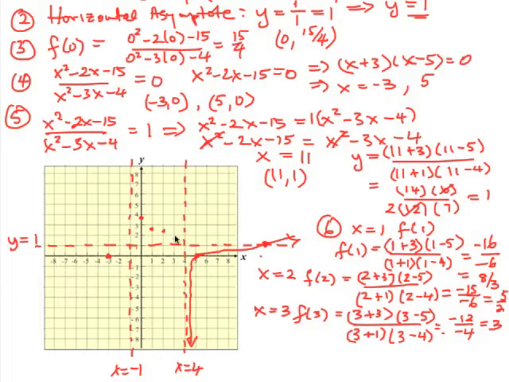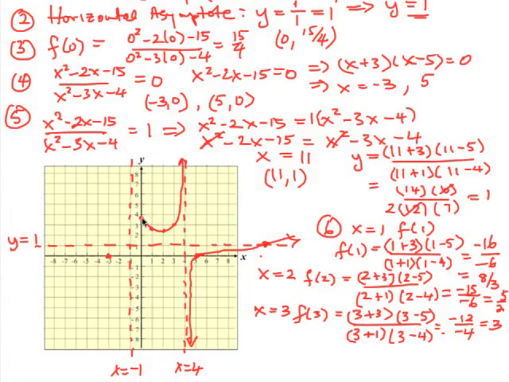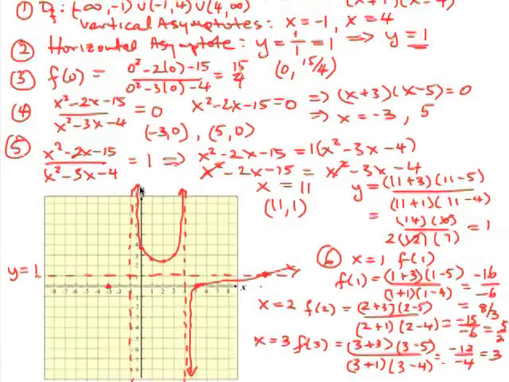So it goes through 3, 3, so it looks like it's starting to go up. So this gives us a picture here that it's going around here, and as it comes towards this wall, of course, it's going to avoid the wall. Same here, as it comes around here, it's going to avoid the wall. So we end up with that.